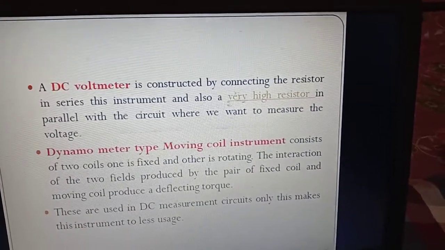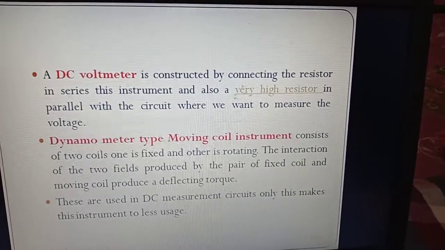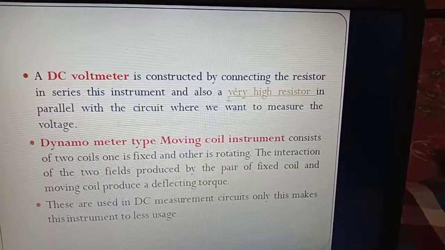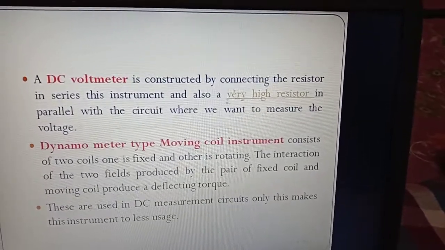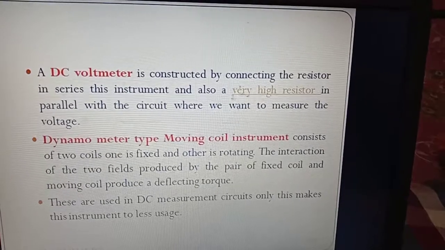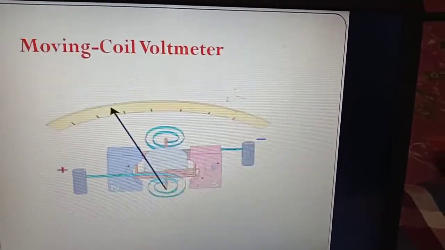It is used to measure DC voltage. In the dynamometer type of moving coil, we are using two magnets: one is the fixed magnet and the other one is the rotating magnet, and the force or repulsion between these two magnets shows the deflection of the voltage difference.